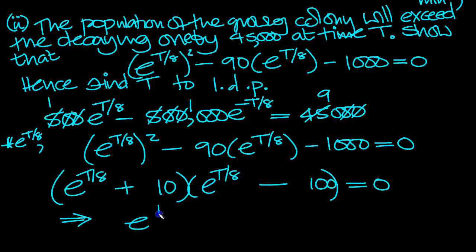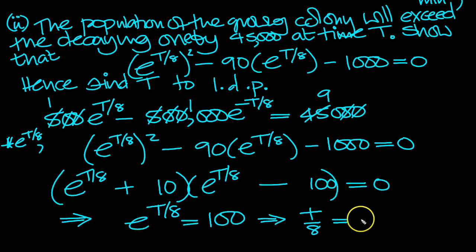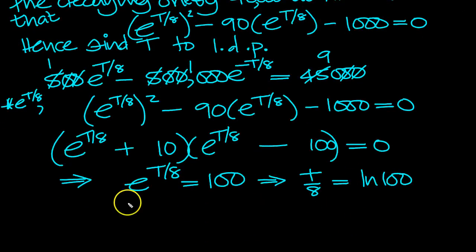And e to the t over 8 then is equal to 100 is the other solution. So that tells us that t over 8, swing this down to be the log, equals ln 100. So t is equal to 8 log 100.